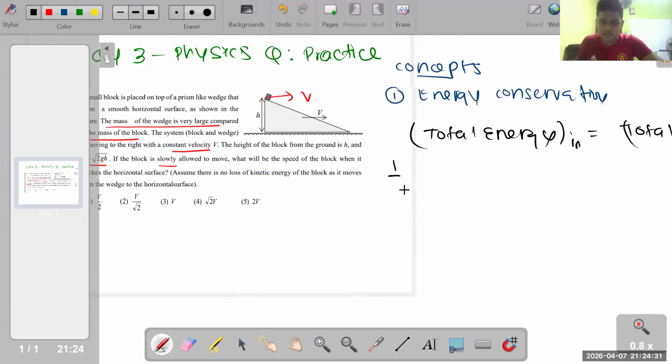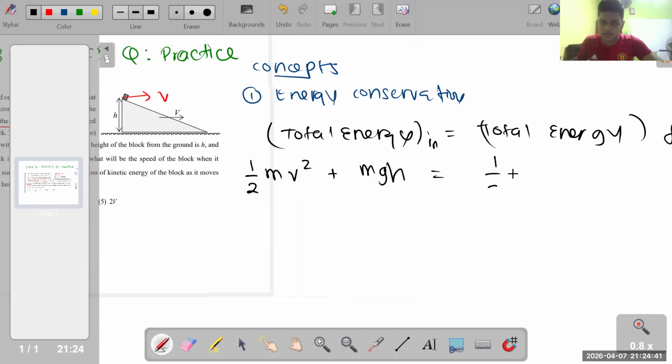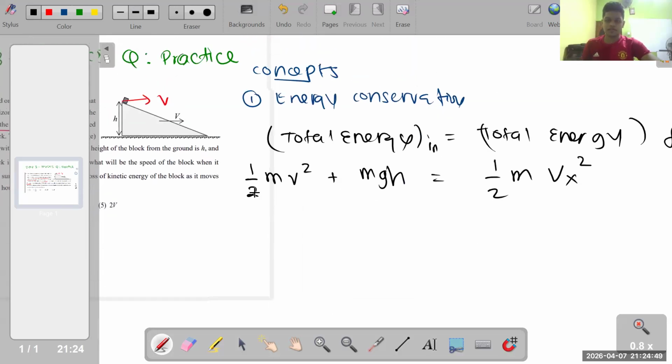Kinetic energy is represented by half mv square, plus gravitational potential energy mgh, equals, finally we have only kinetic energy, so half mv, we don't know the new one, so I'll mention it as vx square, right? So all three have m in common, so I can cancel the m as all of these have m.